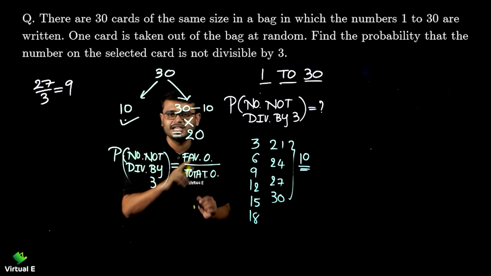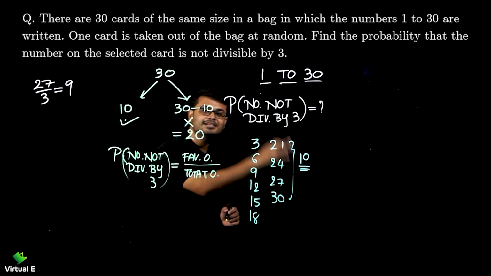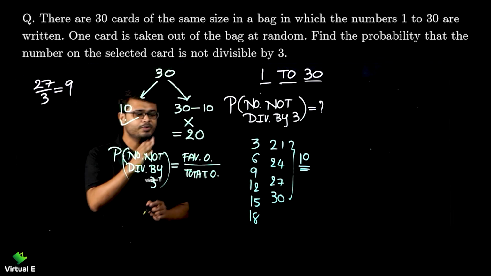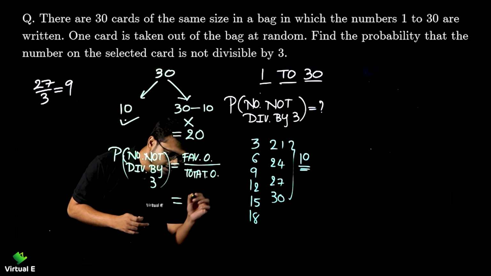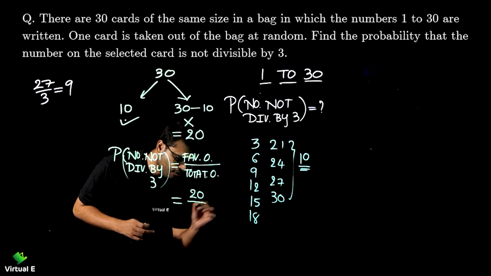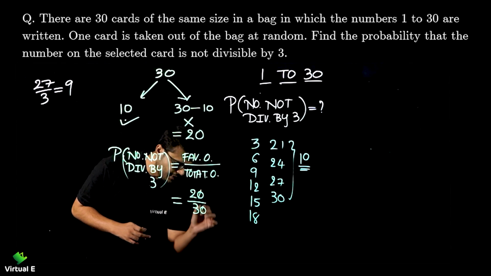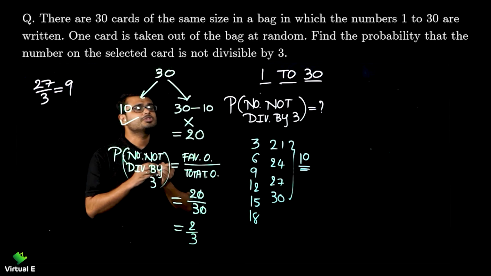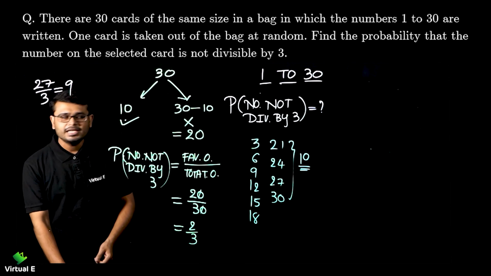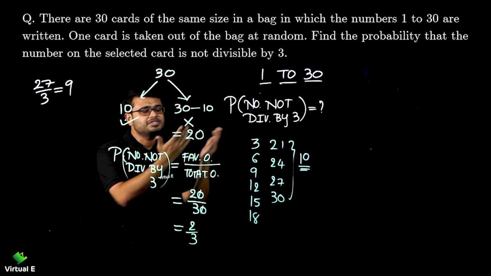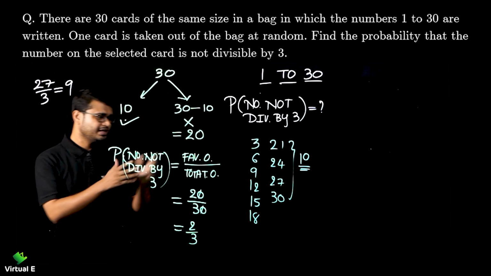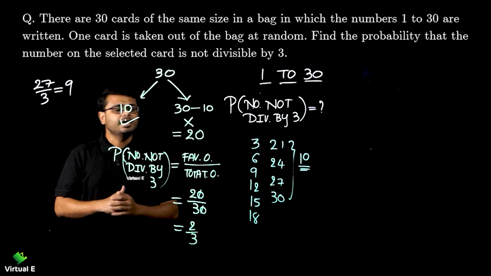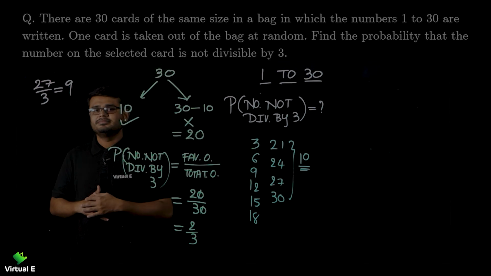Think carefully. That is 20, not 10, because 10 is the number of those which are divisible and 20 are not divisible. So 20 over 30, 0 and 0 cancel, so 2 by 3. Very simple question. This is about divisibility. We need to know how many numbers between 1 to 30 are divisible, get the number, remove it from 30 and get your probability.